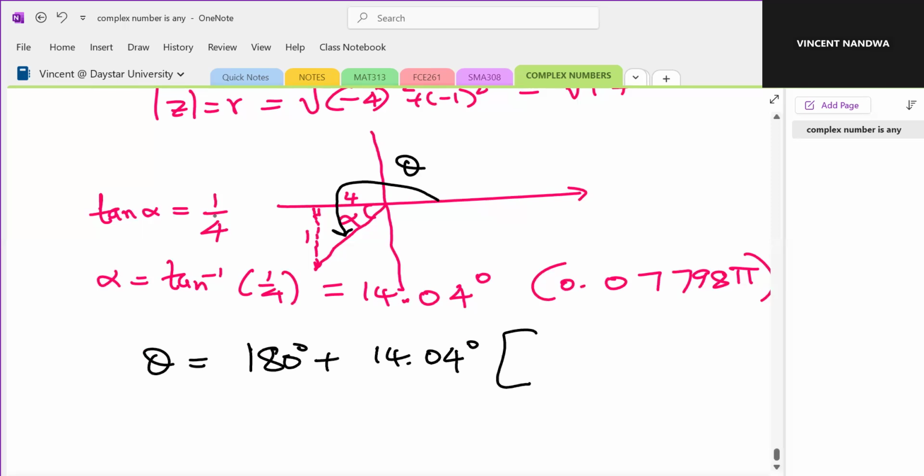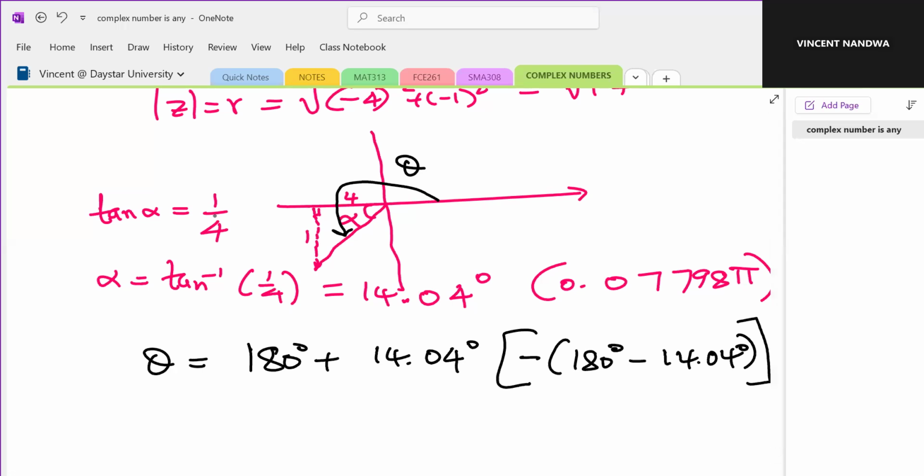Or you can say minus of 180 degrees minus 14.04 degrees, because remember, this direction is negative while this other direction is positive.